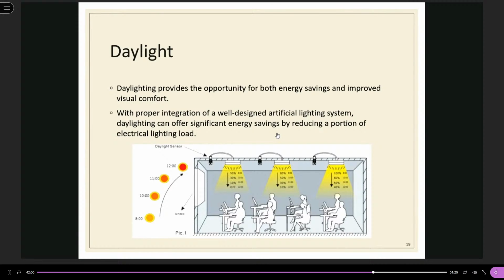Although it is not too much, for the lighting system it is comparatively easier to save energy compared to the air conditioning system. By some lighting control like photo sensors or occupancy sensors, we can dim down or switch off the lighting when it is not in use, or when the lighting level is adequate.